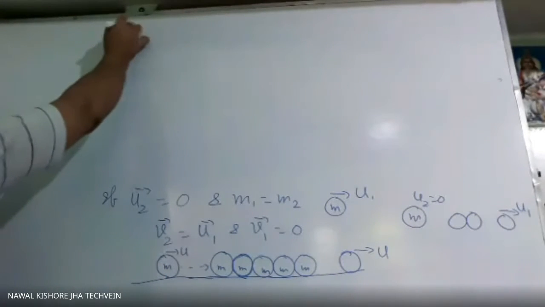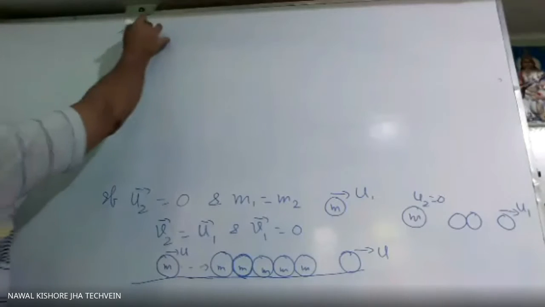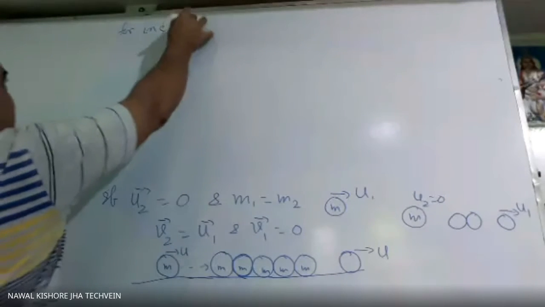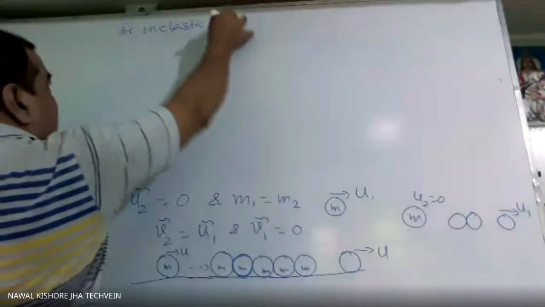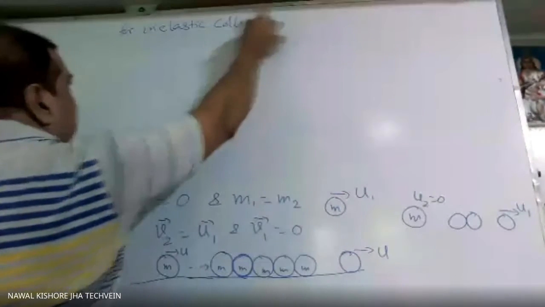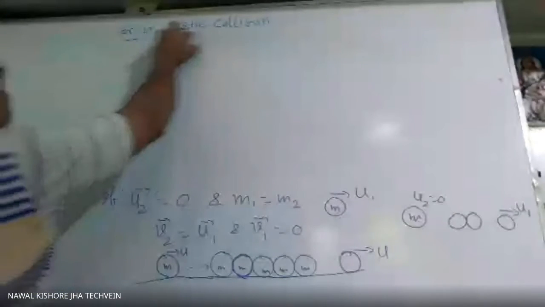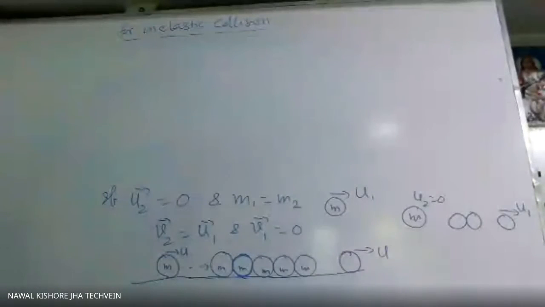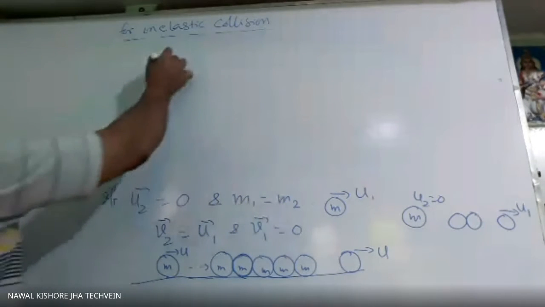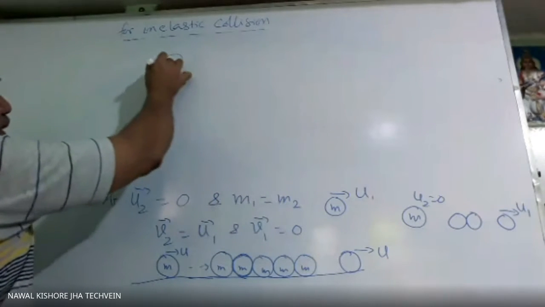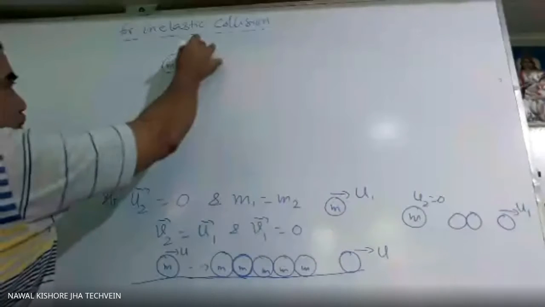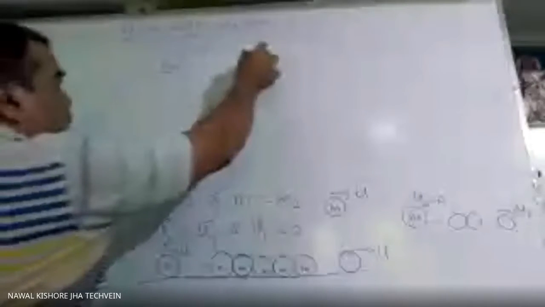Now, for inelastic collision, which two relations will we write? In this case, m1 is moving with velocity u1, and another one, m2, is moving with velocity u2.